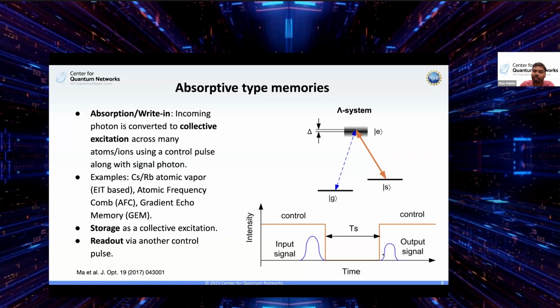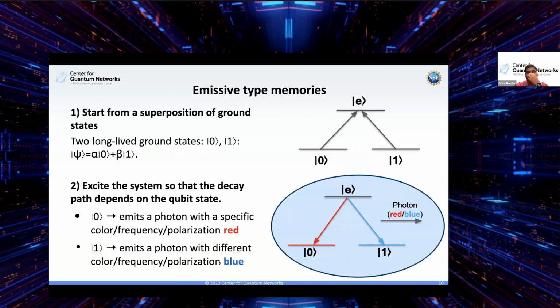If it was only one way, then it would be more difficult to do a lot of quantum photonics. So this is about absorptive type memories broadly, and there are many examples: electromagnetically induced transparency based atomic vapors, then what is called the atomic frequency comb. Each of them has a different way of achieving this protocol, but it's roughly the same idea.